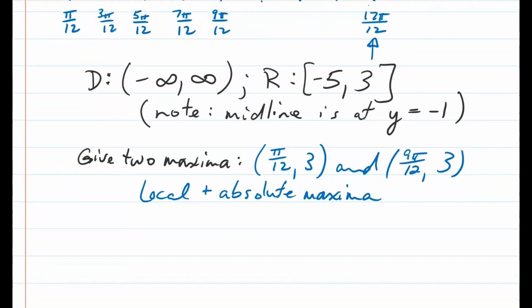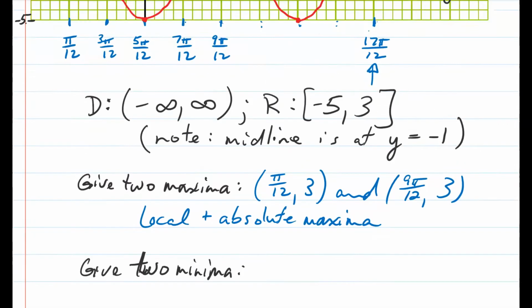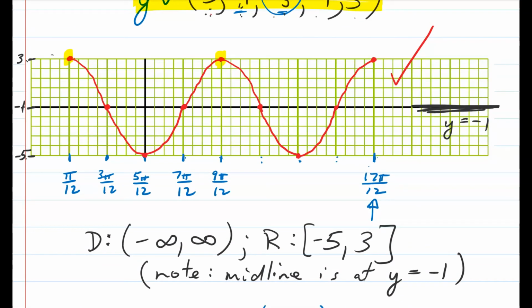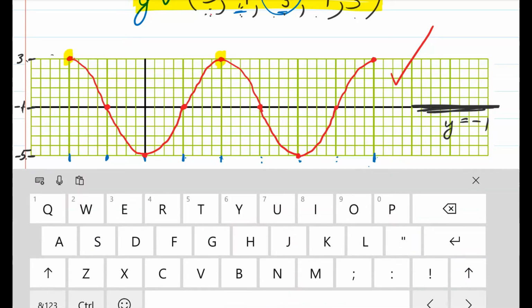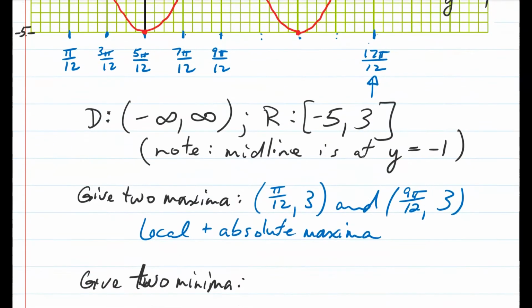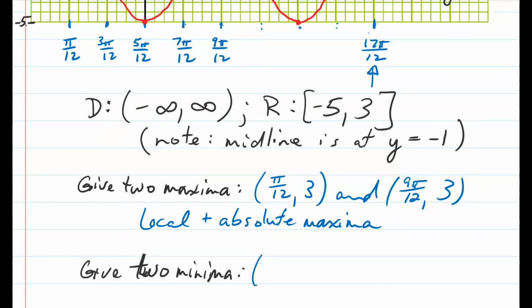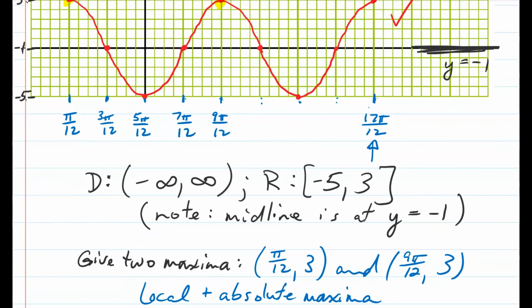And then we can also give 2 minima. They're found halfway between the maxima. 5 pi/12 is one, with a value of -5. And we've got to figure out the other angle because we didn't label them all in.